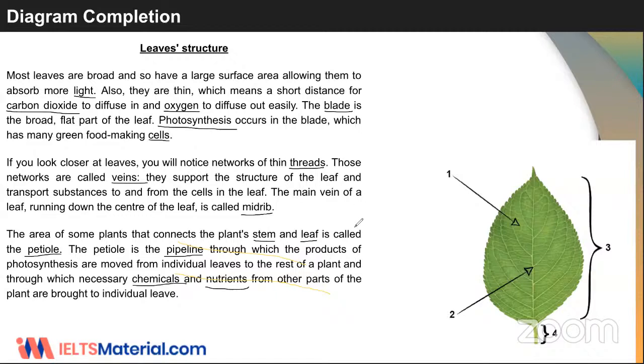I will just keep these underlined, and then I'm giving you the time to start the task of labeling the parts of the leaf. Your time has already started. You have 4 questions to answer, and you have to make sure that you give the answers only when 30 seconds are left. Okay?